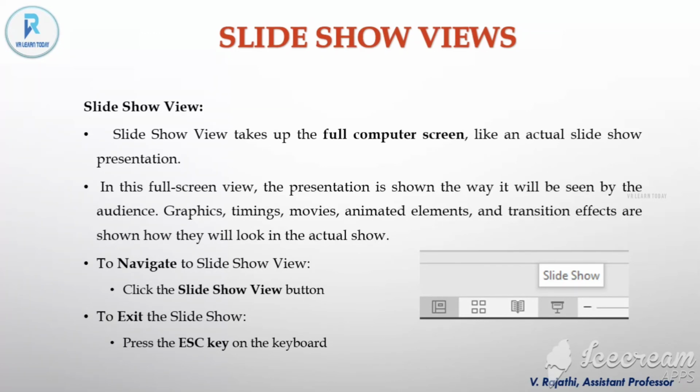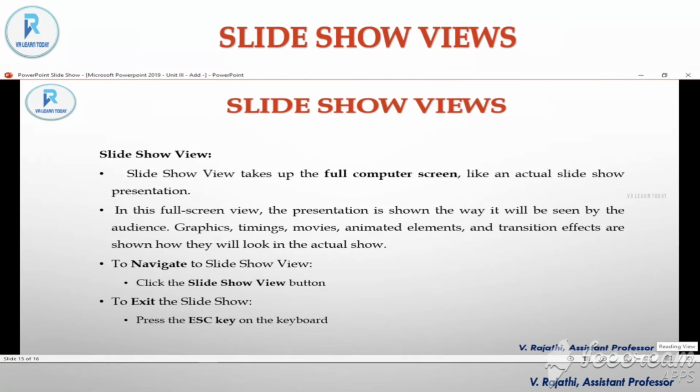To navigate to slideshow view, click the slideshow view button. To exit slideshow, press the Escape key on the keyboard. So if you want to present a slideshow, you just click this slideshow icon, and if you want to close it, you just press Escape on the keyboard. Okay, this is another screenshot for your example.